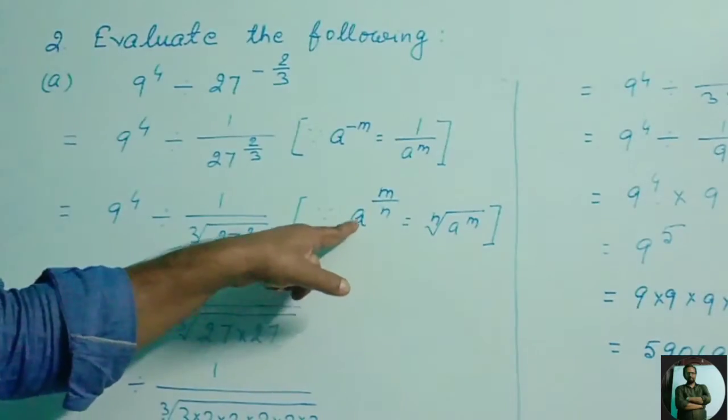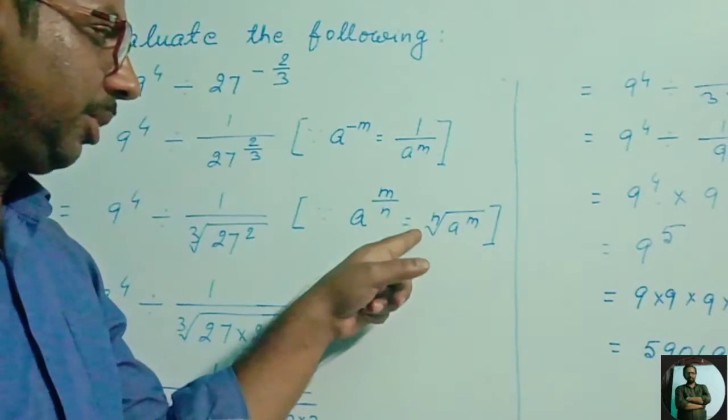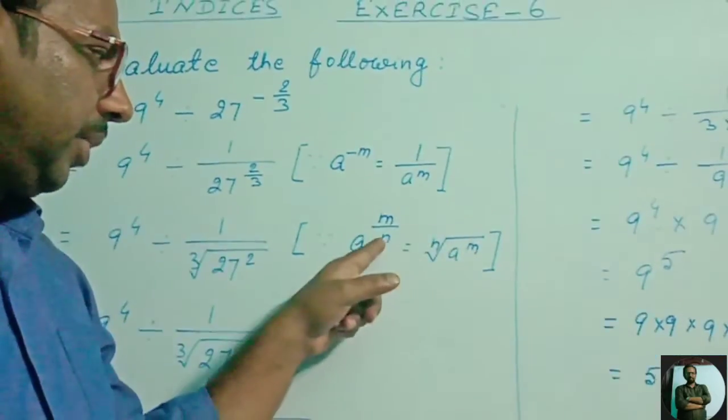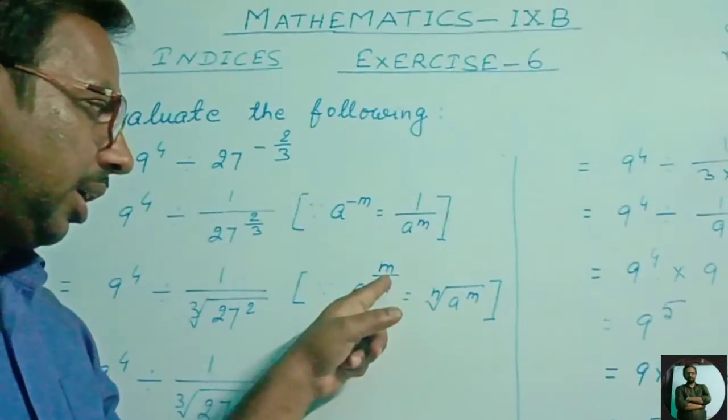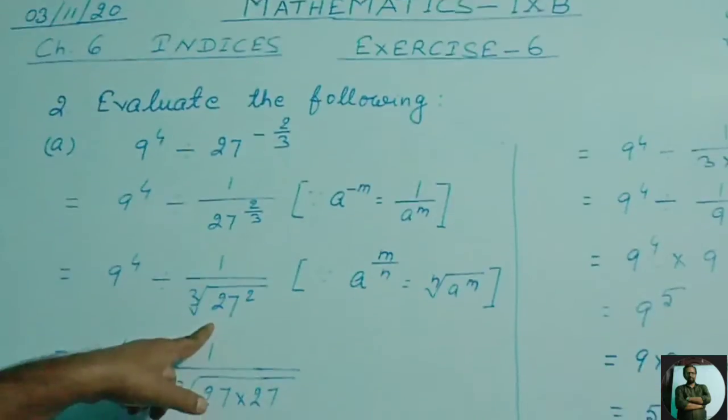Here the rule I have written is a to the power m by n. If a to the power m by n, then that will be equal to n root over a to the power m. It means the denominator will come here and the numerator will be used as the power of the base. So the same thing I have done here.